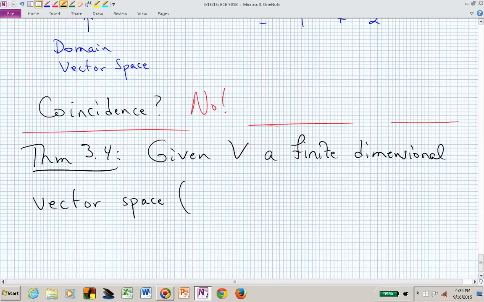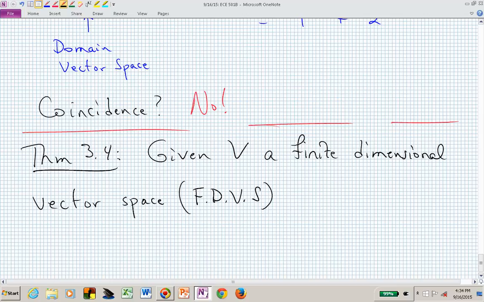Now I have to say you might be tweeting this. So if you're tweeting finite dimensional vector space, you might just want to say FDVS. That's what I'll be saying now in class, FDVS, finite dimensional vector space.